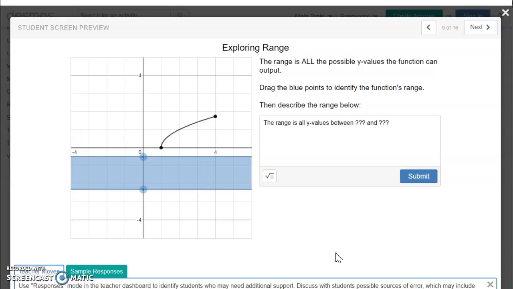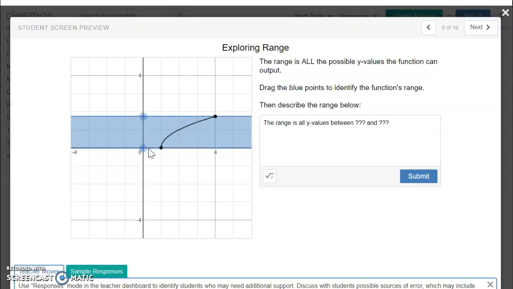And where we left off was exploring range, and we were moving this shading area to figure out what the range was. Remember, range is all possible y values. So we're really interested in how far the graph extends on the y-axis, and so we basically covered up the extent of the graph, and then we can figure out the point.